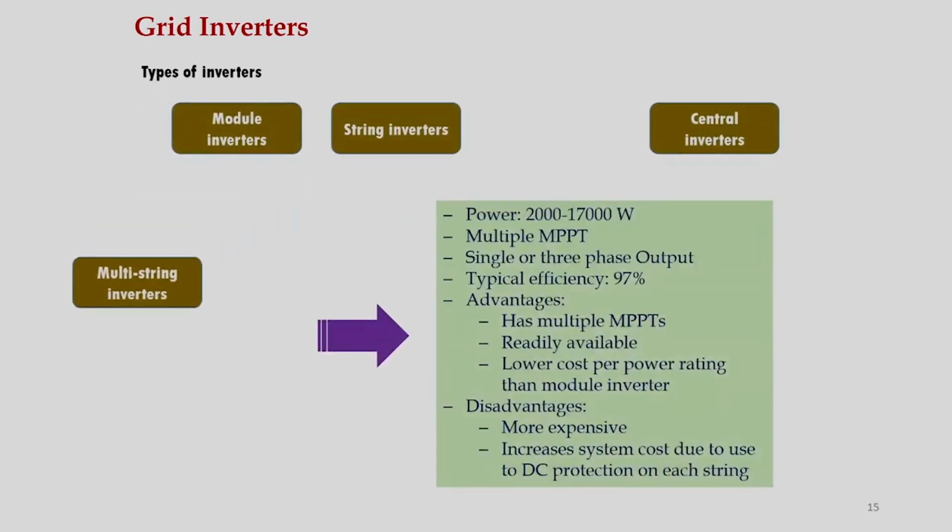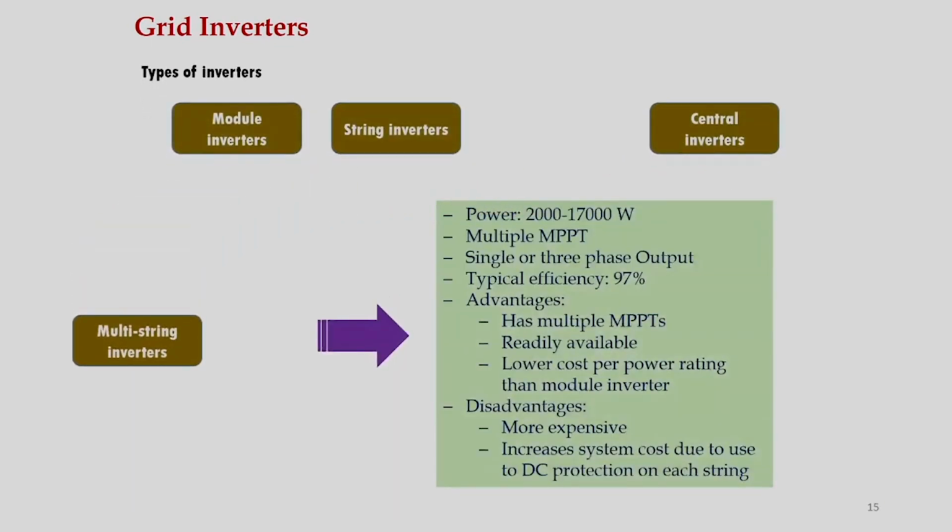Next inverter is the multi-string inverter. The power rating goes from 2000 to 17,000 watt, and multiple MPPTs are attached, and it may be used for both single phase and 3 phase output, and efficiency is about 97%.